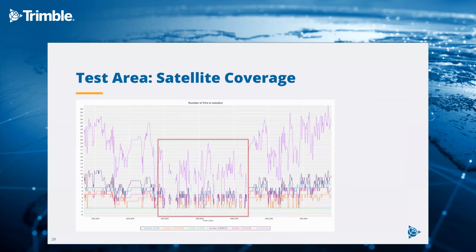So the critical canyon segment with poor satellite tracking is what you can see here. That one really shows you the number of satellites that we tracked during this session. And in the red frame, or the red rectangle, you can see the critical canyon part.